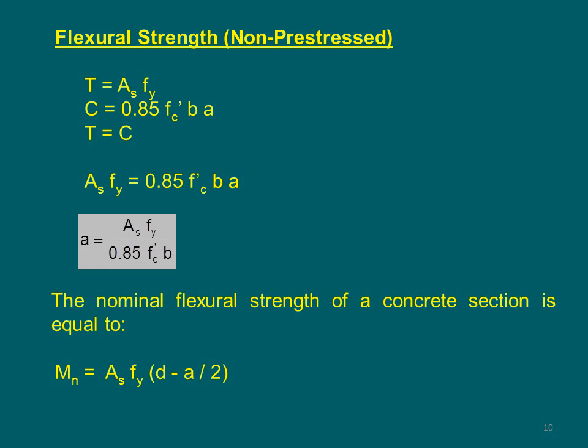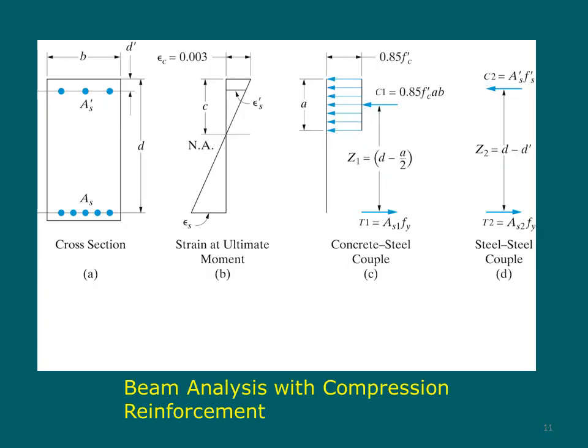YC-T means the distance from the compression to the tension. Other references may call it Z. Therefore, Mn is going to be equal to As times Fy, which means the tension force, which is the same as the compression force. You multiply this by d minus a over 2. Certainly, after that you use the phi factor: you take Mn multiplied by the phi factor.